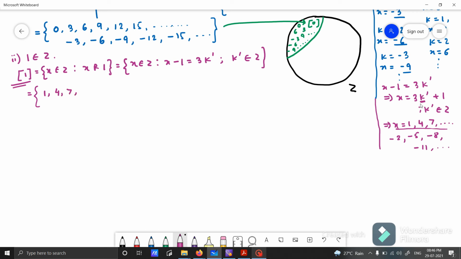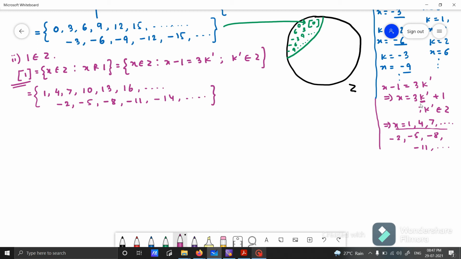So 7 plus 3, 10, 10 plus 3, 13, 13 plus 3, 16 and so on. And what are the negative values we found? Minus 2, minus 5, minus 8, minus 11, minus 11 minus 3 is minus 14 and so on.